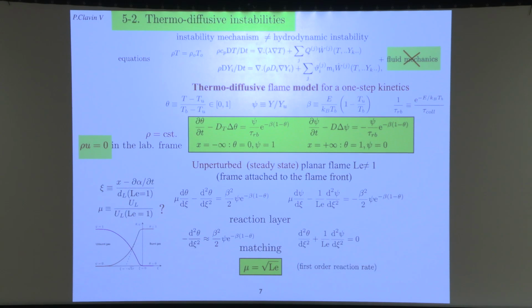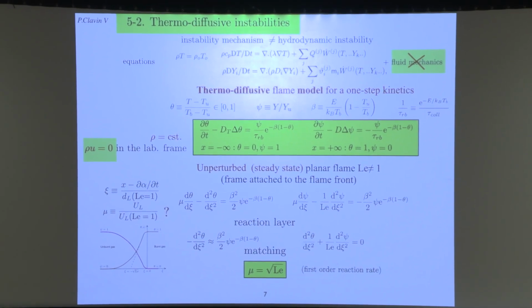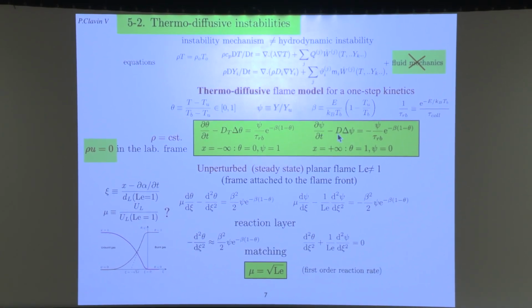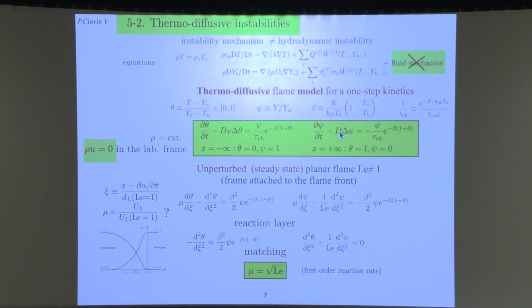So now, what is going to be important is the difference between the molecular diffusivity D of the limiting species and the thermal diffusivity DT of the mixture. These equations are almost the same, except that these diffusion coefficients are different.